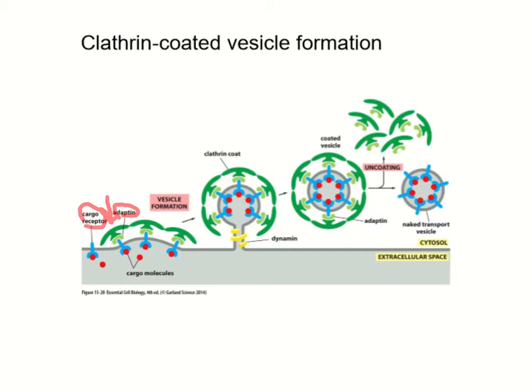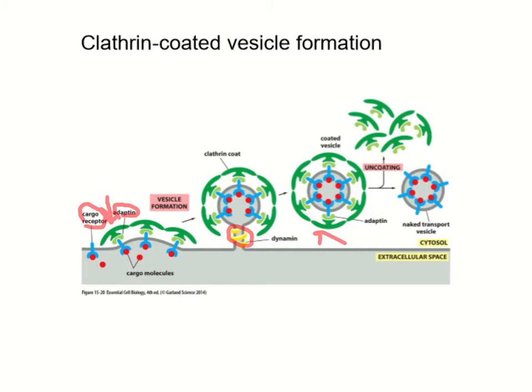And then there's this protein molecule dynamin that is a GTP binding protein, and it's itself a small GTPase, and it uses the energy of GTP hydrolysis to pinch off the last bit of membrane to free the vesicle.